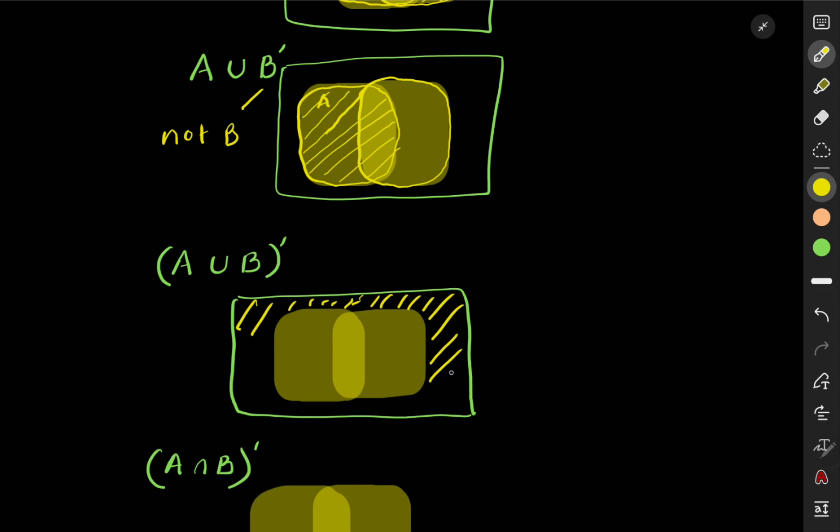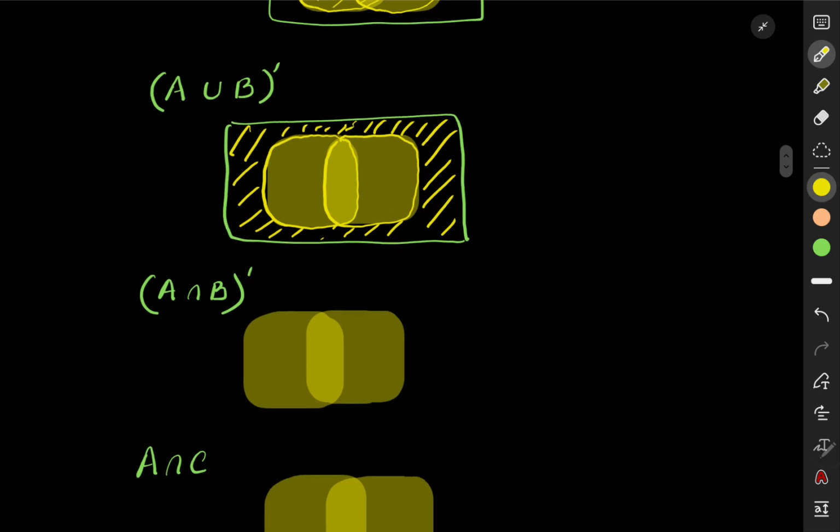This is the region which is not A union B. This is the A set and the B set. We do not shade A union B.